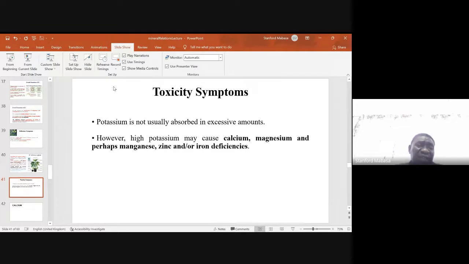We seem to have a lot of it in our soils. But as a precautionary move, we need to add potassium so that we prevent its deficiency in future.